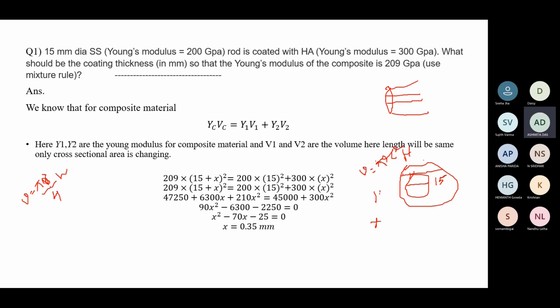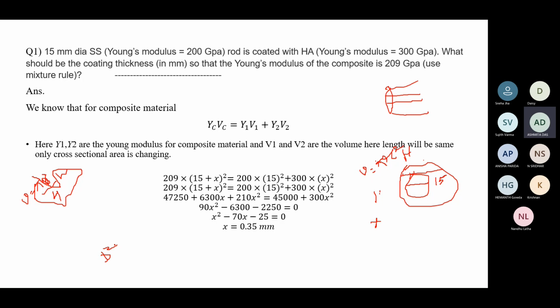If we consider the term pi by 4 into h as a constant, everything varies along with d square.